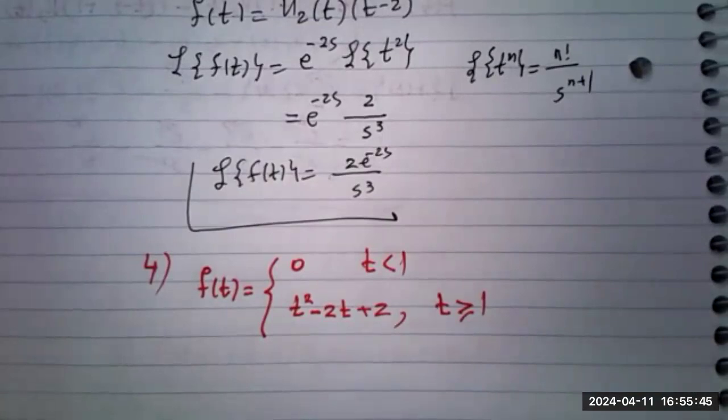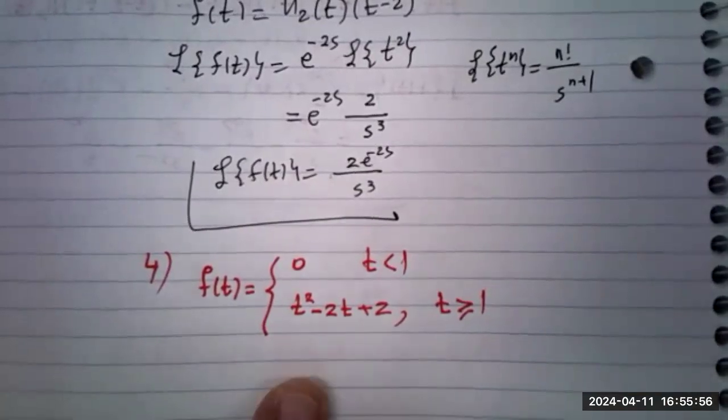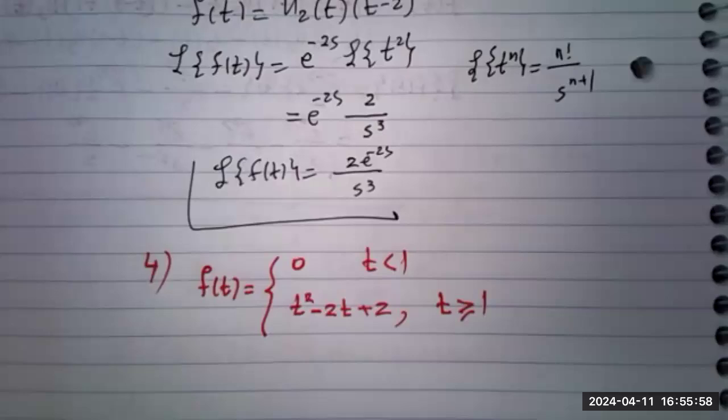You need algebra to be able to do it. Of course, one method is definition. Just imagine if you use integration by parts, you have to do t squared e to the negative st, etc.